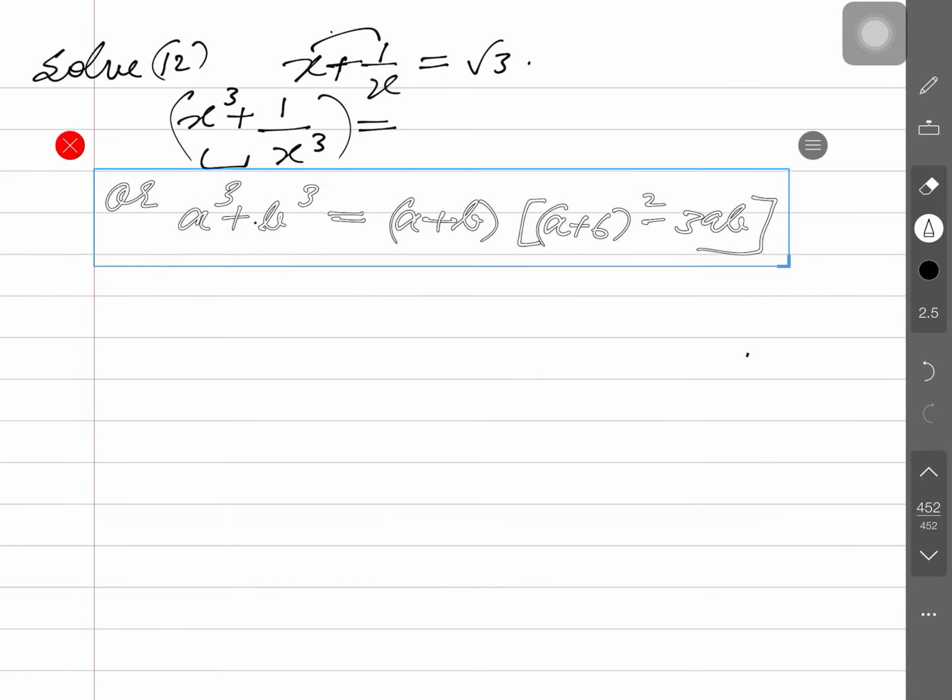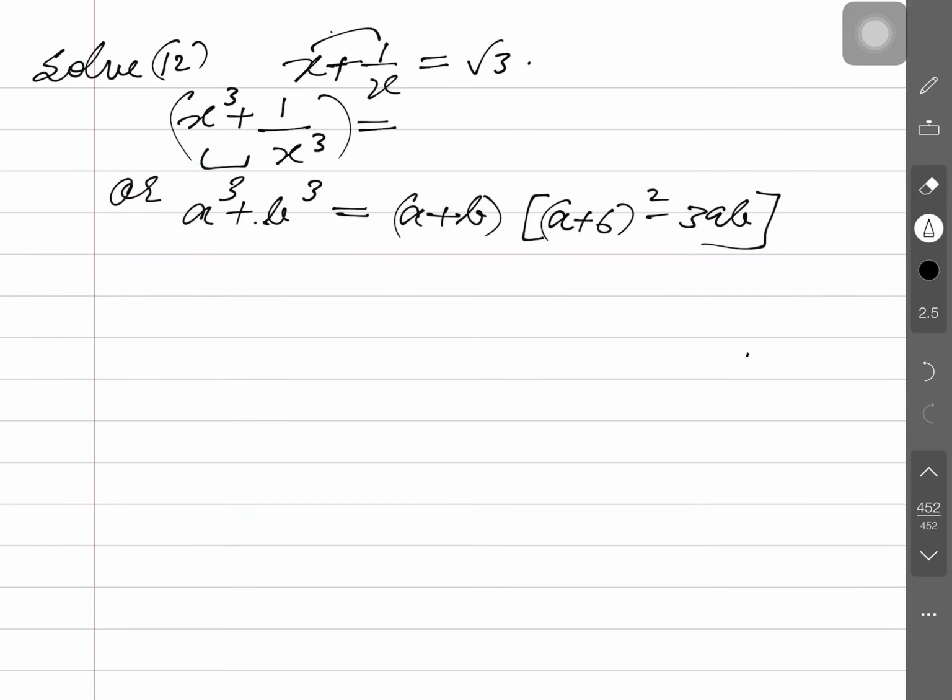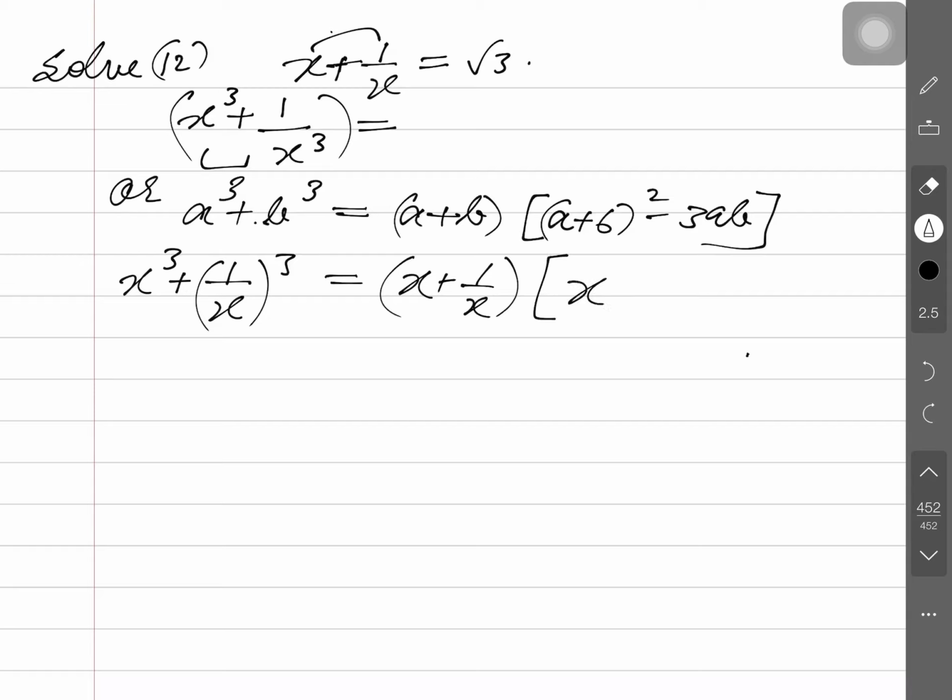Now, x cube plus 1 by x cube is, first term plus second term whole square minus 3 times first term into second term. Is that clear or not?